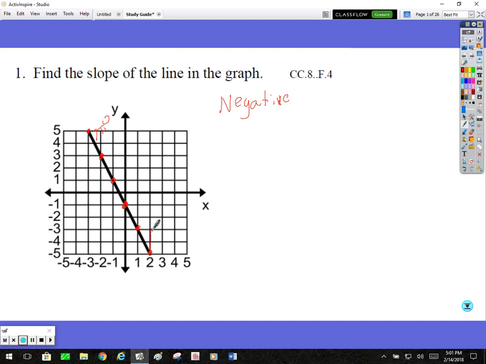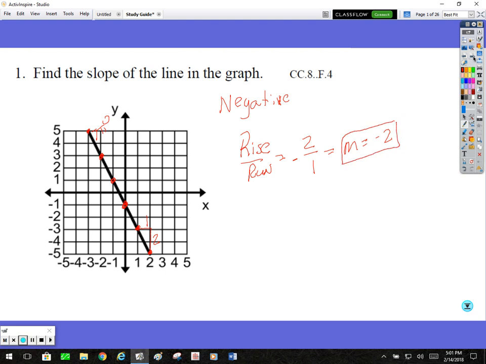Well, I'm going up and I went left, so I went up 2, left 1. So remember slope is rise over run, and since we rose up 2 and we ran left 1, that means it's going to be negative. So my slope for this line is m equals -2.